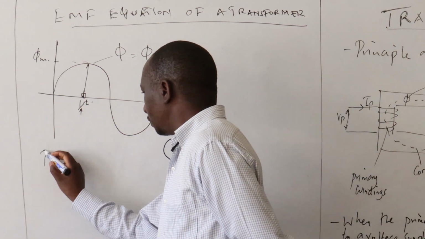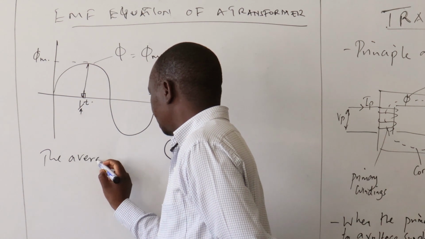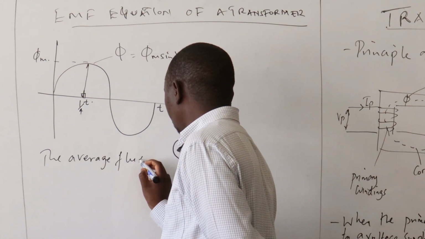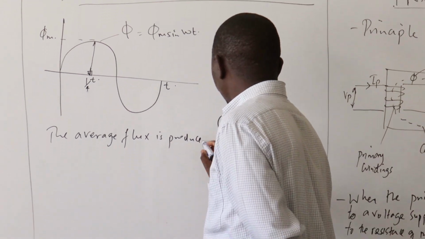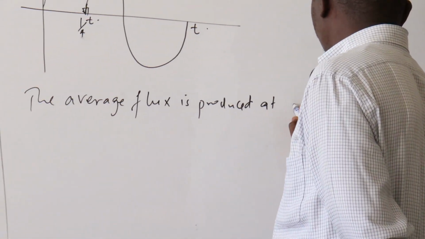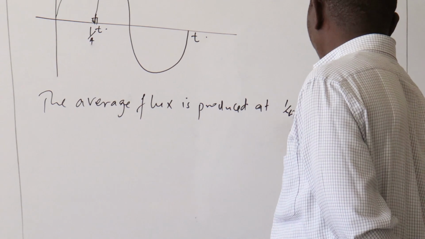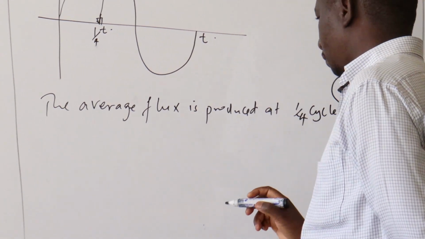So the average flux is produced at a quarter cycle.